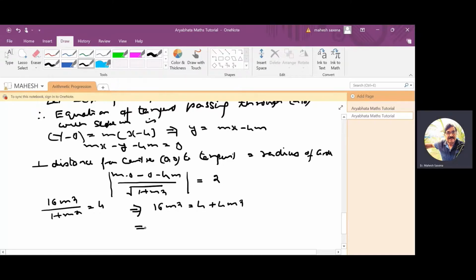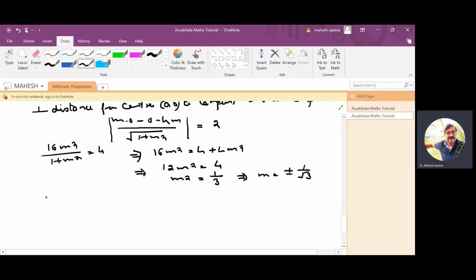Implies that 12m square is equal to 4. Therefore, m square is equal to 1 upon 3. Implies that m is equal to plus minus 1 upon root 3.